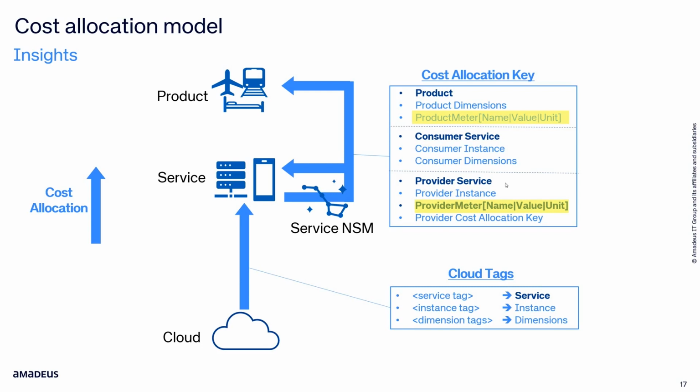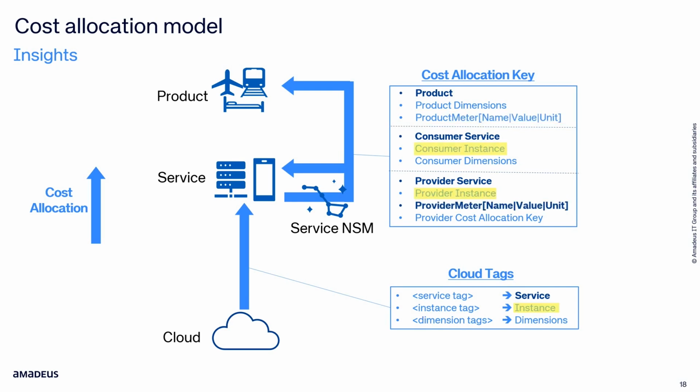You can notice that the name of the column containing the NSM quantity that is consumed from the provider service is named provider meter value. This column name may look cumbersome at first sight, but this column is semantically more than a simple quantity. This column meters the value of the provider service, which is highlighted in the column name. In the same way, the column containing the product NSM quantity is named product meter value.